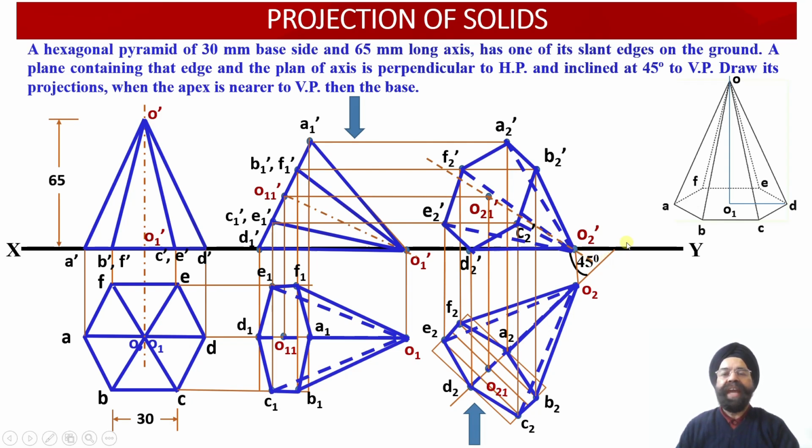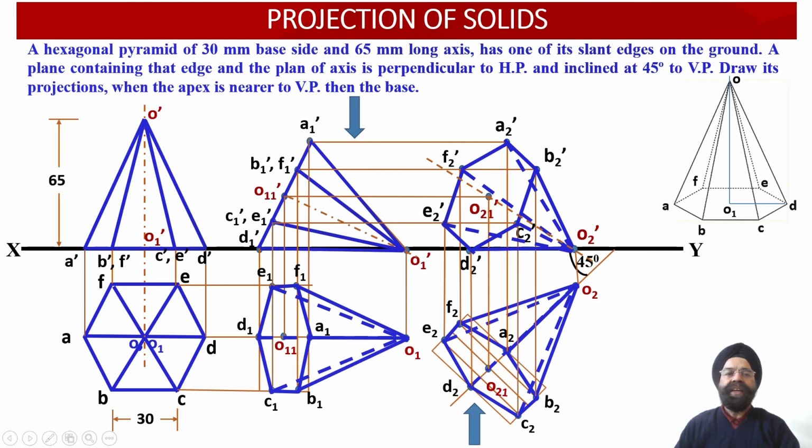This way we have been able to obtain the orthographic front view and top view projections of an oblique solid which is inclined with respect to the horizontal plane in such a way that one of the slant edges is rotated such that it lies on the ground or the horizontal plane, and thereafter the plane containing the edge which is contained by the horizontal plane and the plan of the axis is further inclined with respect to the vertical plane at an angle of 45 degrees.